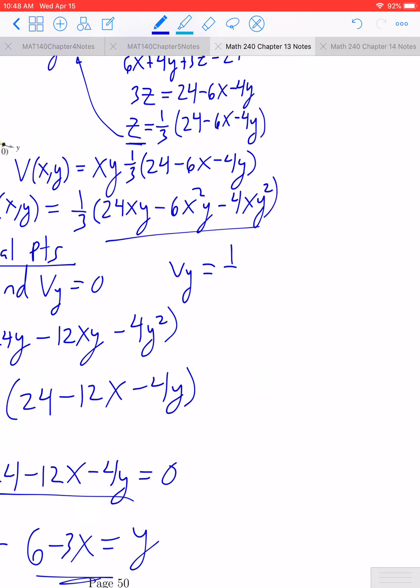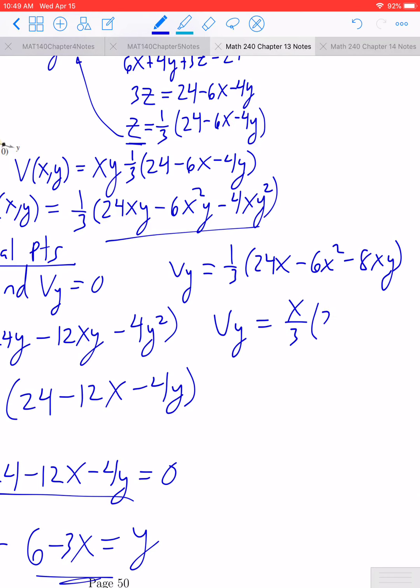Vy we said was 1/3 times 24x minus 6x squared minus 8xy. Every term that belongs to Vy has a common factor of x in it, so let's pull the x out. We have x over 3 times 24 minus 6x minus 8y.